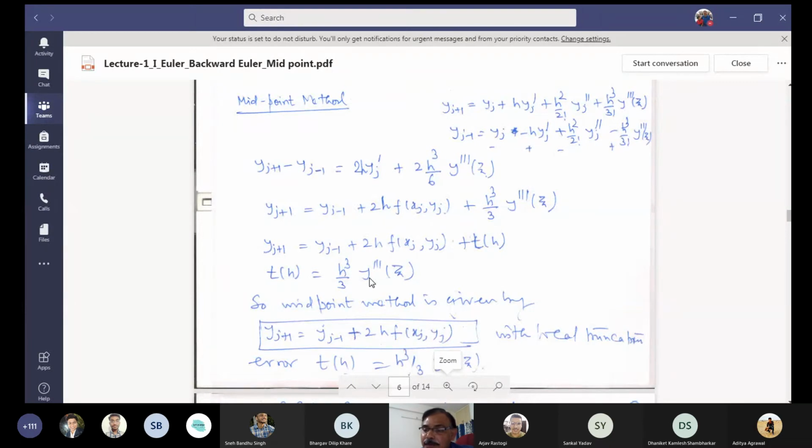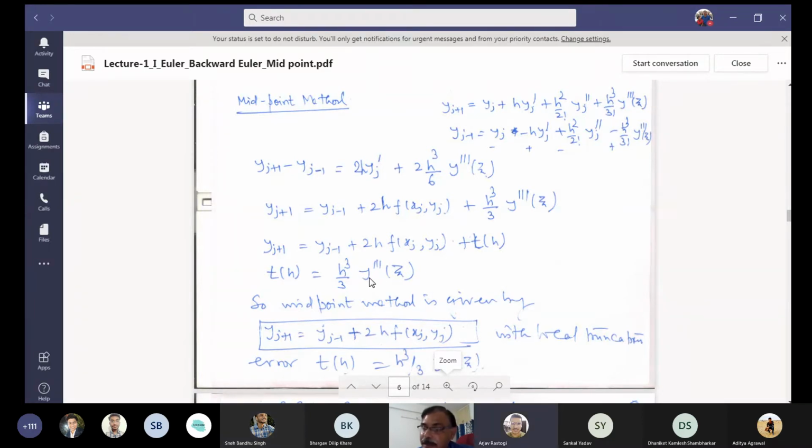It will be capital order h cube. Now, you are committing capital order h square error in your Euler method, and capital order h cube error in your midpoint method. Which method will be better? The midpoint method.